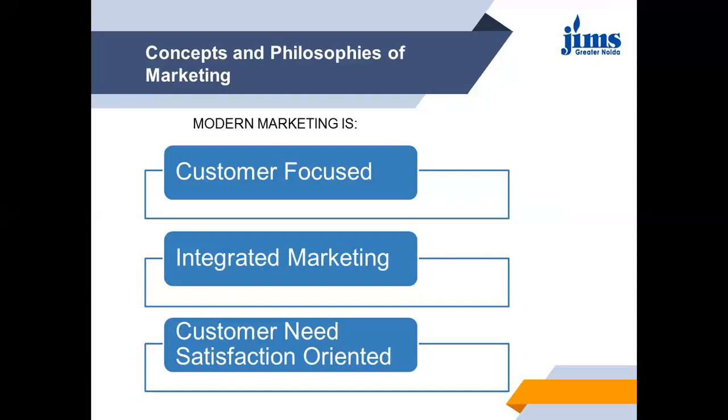And towards the end, the modern marketing aims at earning profitability only through customer needs satisfaction. Any firm or any business which follows modern marketing philosophy actually believes that profit can be earned only through customer need satisfaction.